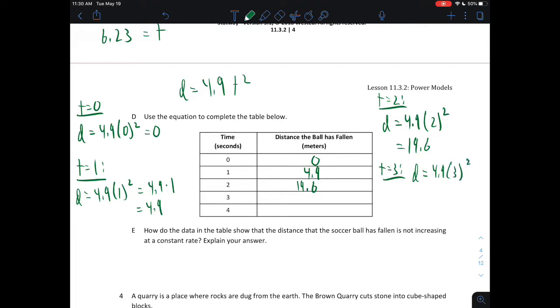So 4.9 times 3 squared gives me 44.1. And then finally for t equal to 4, d is equal to 4.9 times 4 squared, which is 78.4.